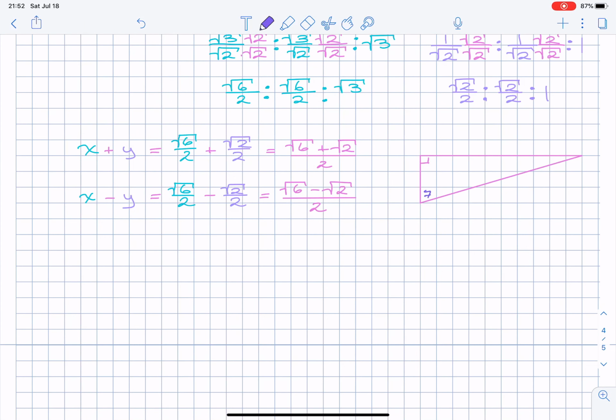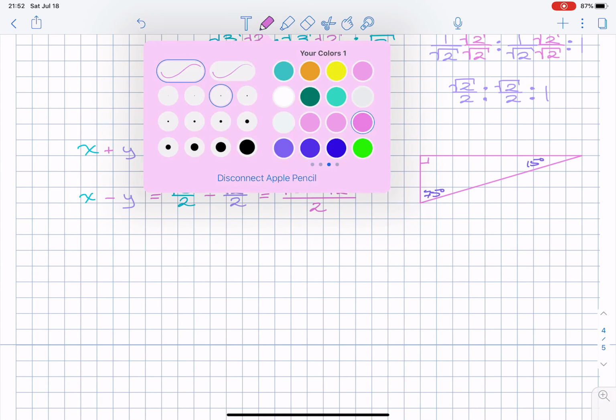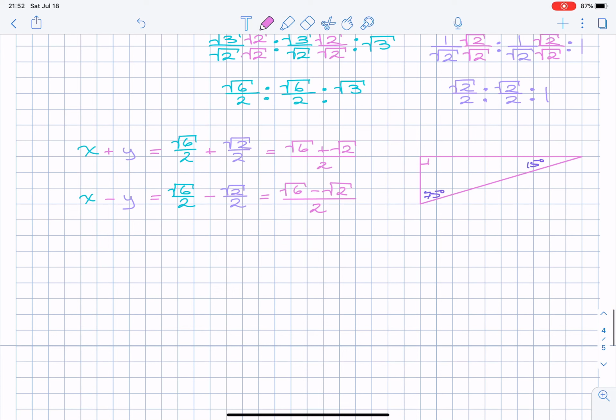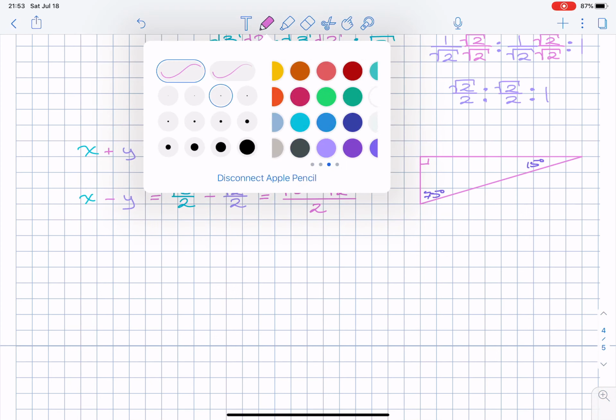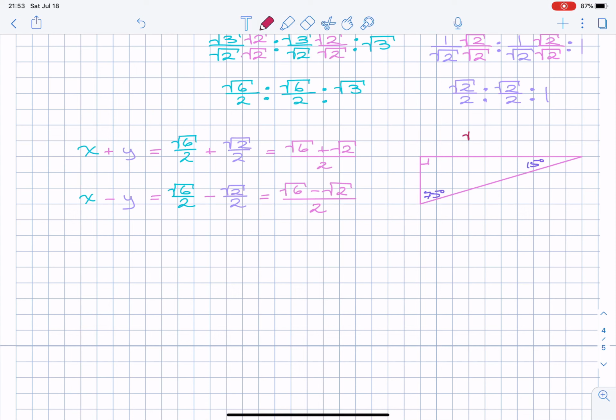So 75 and 15 degrees. And we just found out that x plus y, which is what's on top, is here. And x minus y, which is on the side, is here. So I know that this will be the square root of 6 plus the square root of 2 all over 2 for this long side. And the short side is going to be the square root of 6 minus the square root of 2 all over 2.